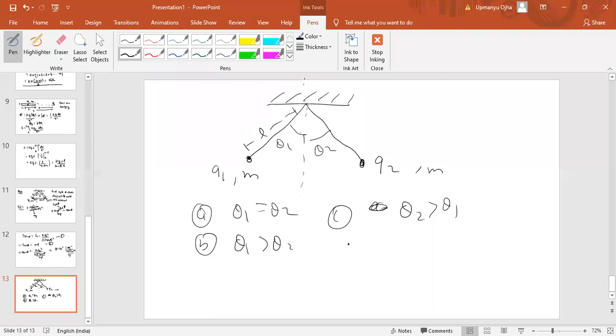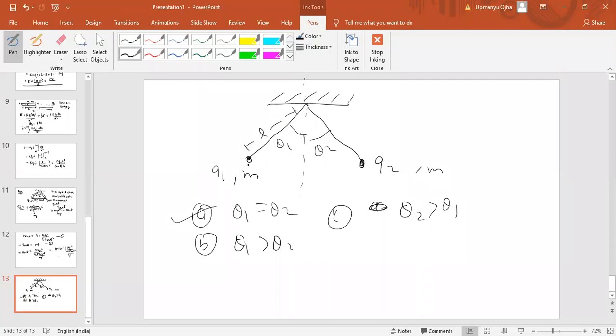I hope you have solved the problem. If you have not solved it, I'll give you 2 minutes for that. Now the correct answer for this is A. Why is it A?